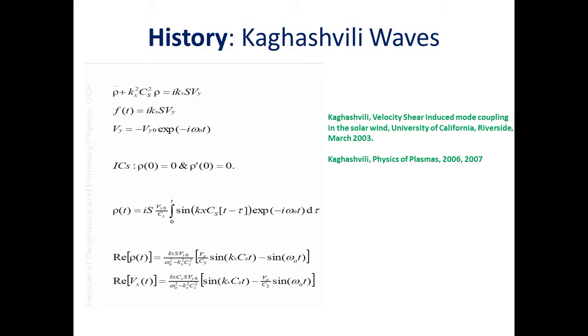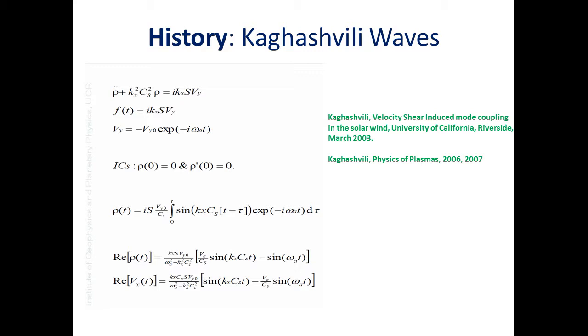You could see the density, this Kagashvili wave density, was proportional to the initial Alfvén wave, Vy0 there, and the velocity gradient, the S parameter.